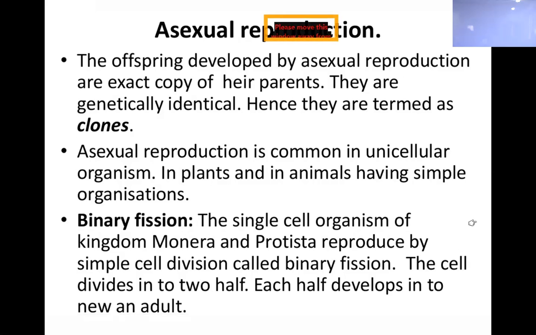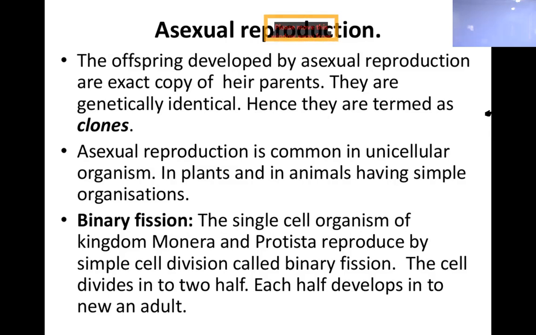We have just now done with the comparative study. The offsprings developed by asexual reproduction are exact copies of their parents. They are genetically identical individuals, and hence they are termed as clones. Asexual reproduction is common in unicellular organisms. That means it is commonly seen in lower organisms, in plants and animals having simple organization.